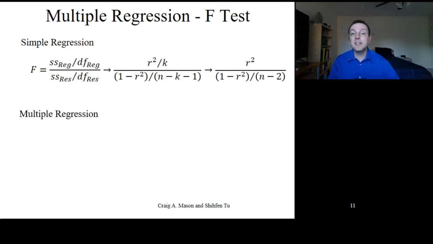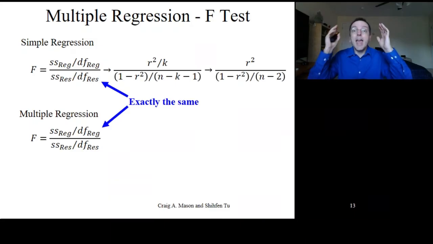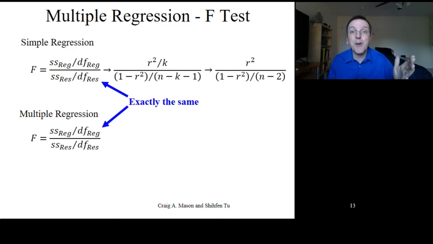Well, in multiple regression, the F statistic is, wait for it, exactly the same. It's the sum of squares regression divided by the degrees of freedom regression over the sum of squares residual divided by the degrees of freedom residual. Furthermore, in multiple regression, the F can still be expressed in terms of the variance accounted for.